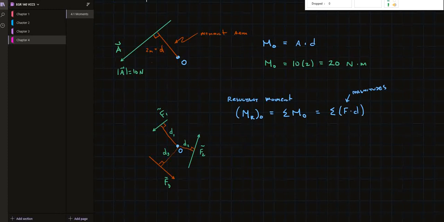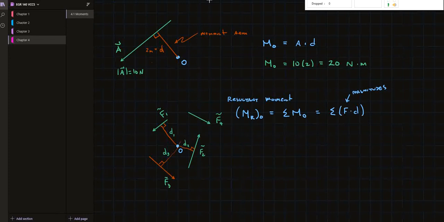So let's define a convention. Let's add another force, because I want a force going in the opposite direction, like this. We'll call this F4, because that can happen too.